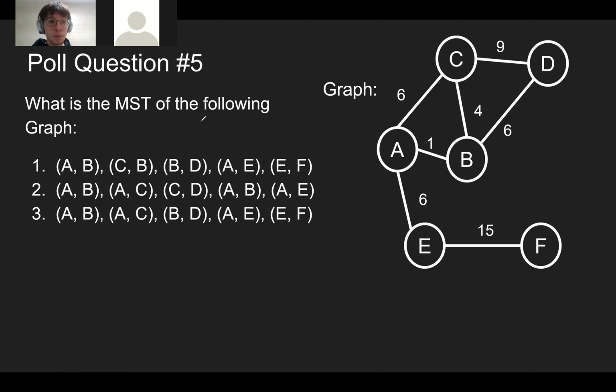Just pick the lowest cost edge which connects two vertices which are not already in the same component. Since we haven't chosen anything yet, we just choose the lowest edge weight altogether, A and B.